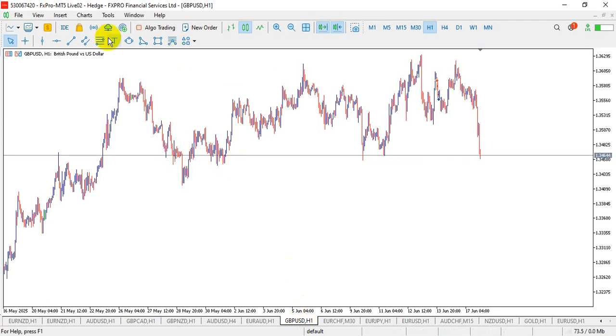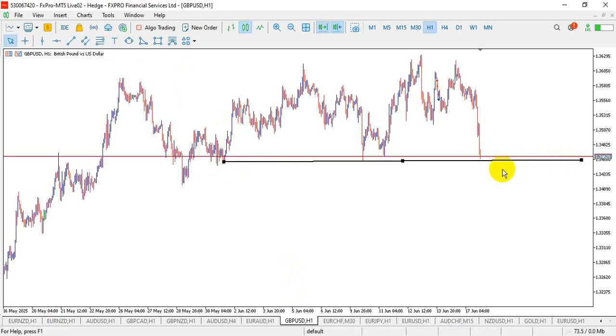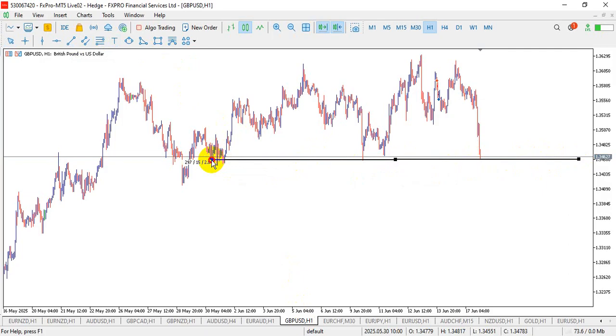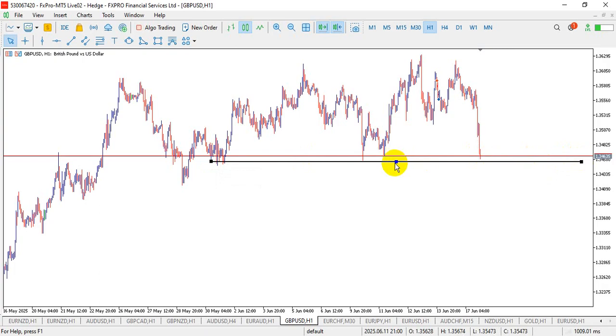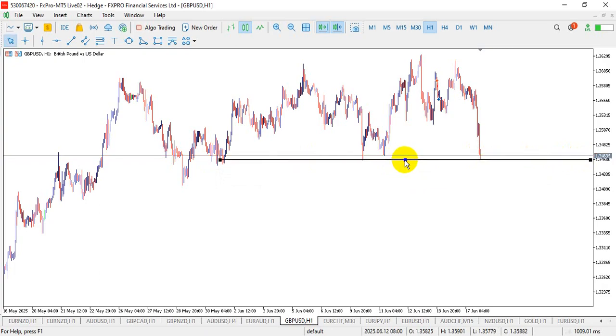Now for GBP USD, looking at this, it is very clear that we are seeing price on a liquidity zone. Price is playing on the liquidity zone. So the same scenario might happen for Euro USD.